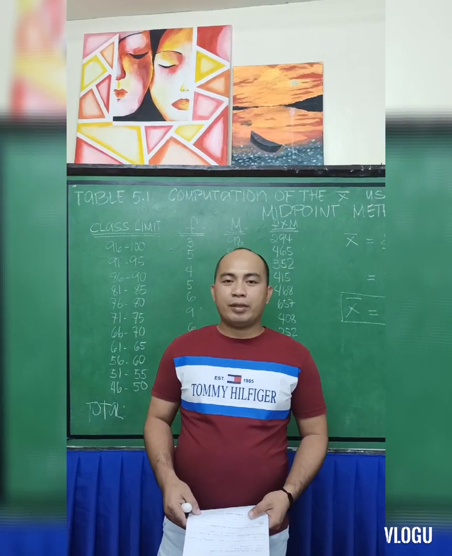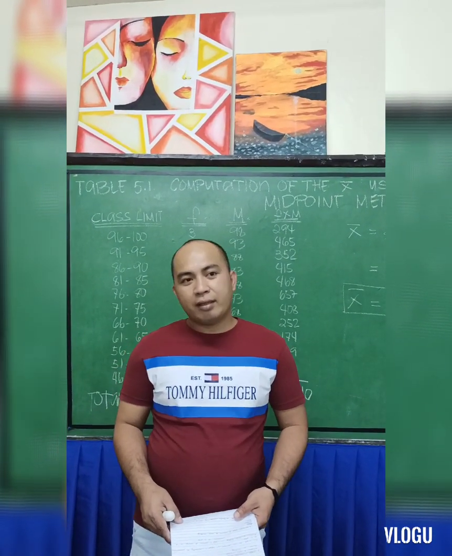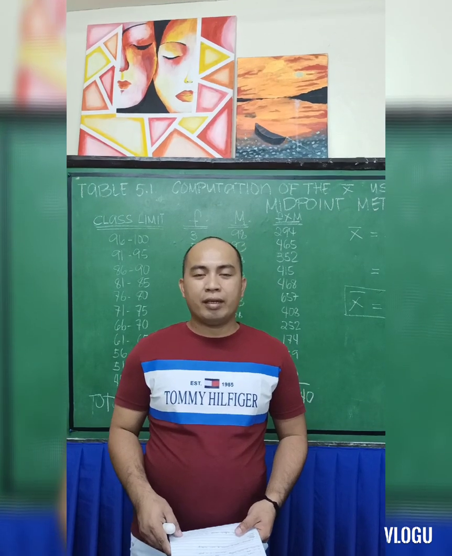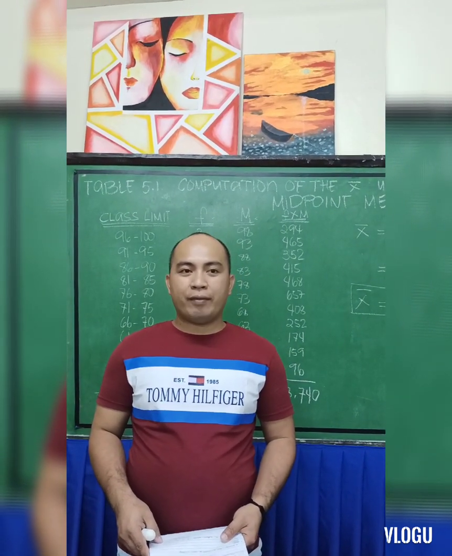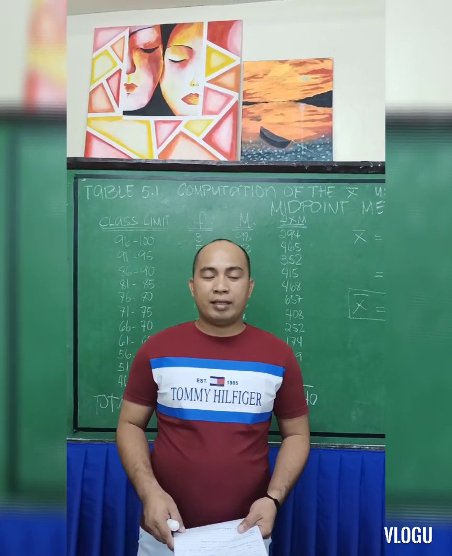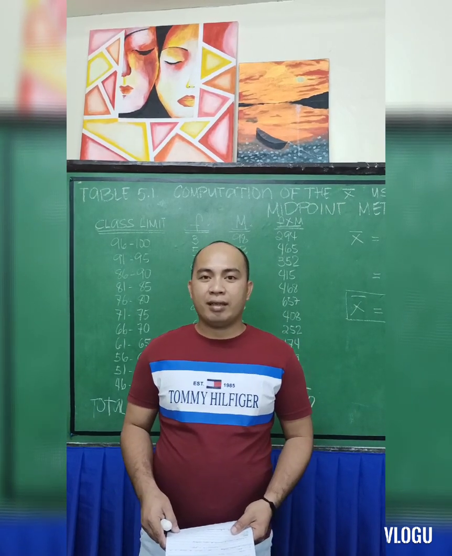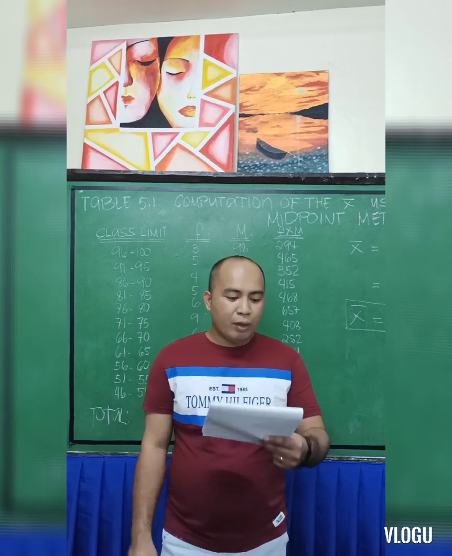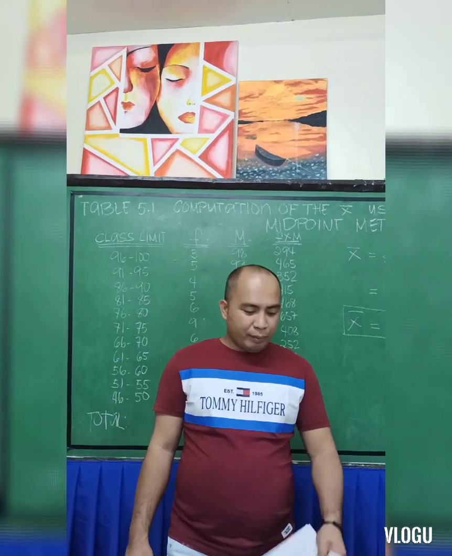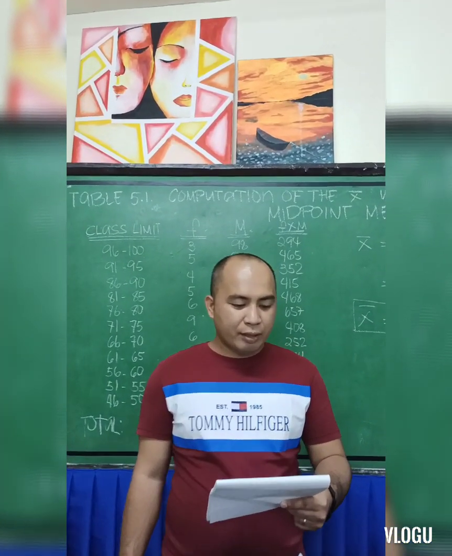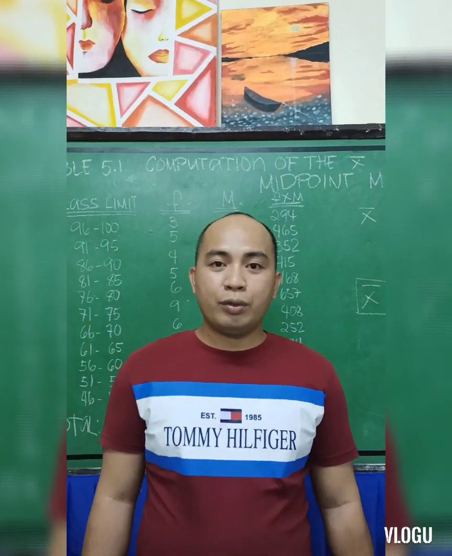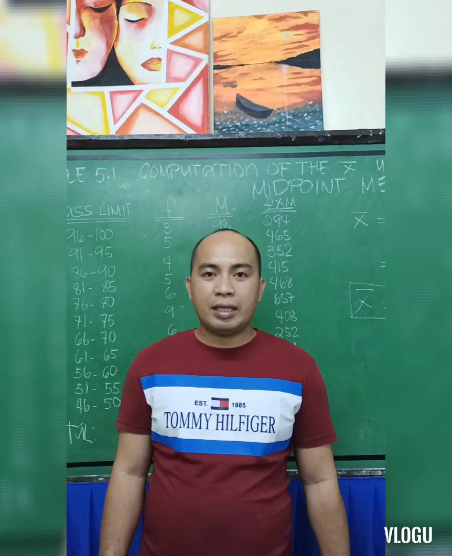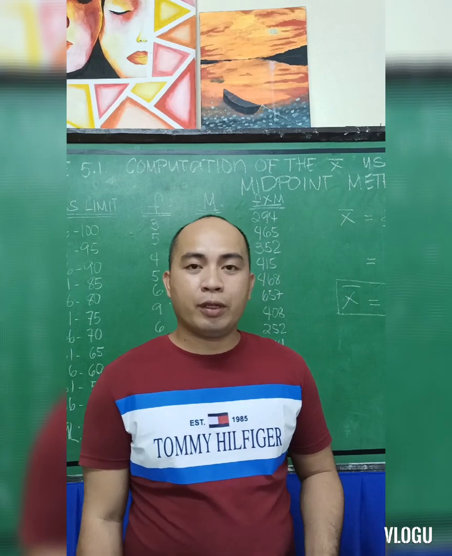But before that, I would like to have at least a quick review regarding this chapter. So we have chapter 5, which is the measures of central tendency. In this chapter, we have two concepts in describing the performance of a group.